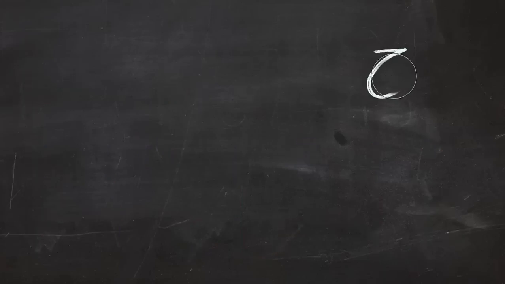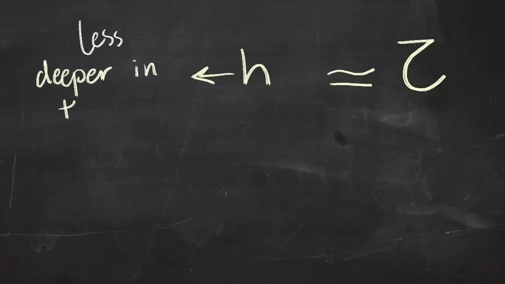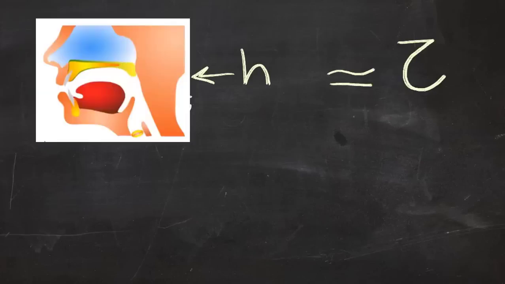So the next sound is going to be a tricky one, because this sound doesn't exist in the English language or basically any other Germanic or Romance language. But it comes so close to the sound of ha in English. But it is less deep in your throat. So you don't say ha, but you say ha.